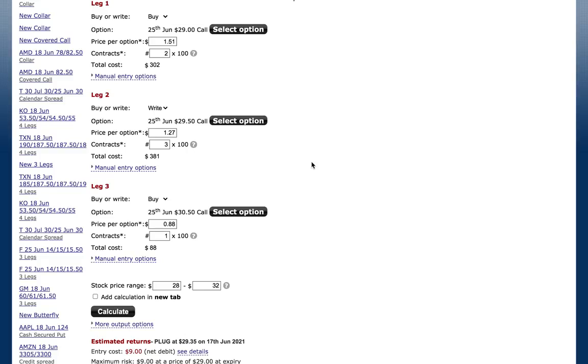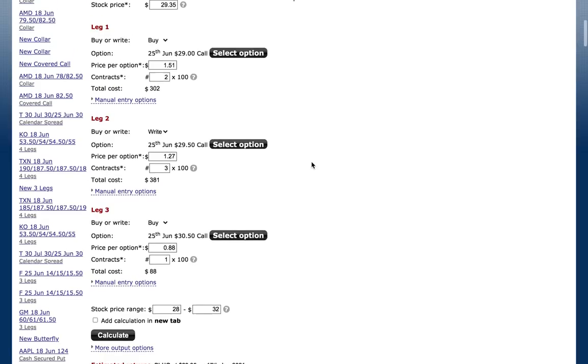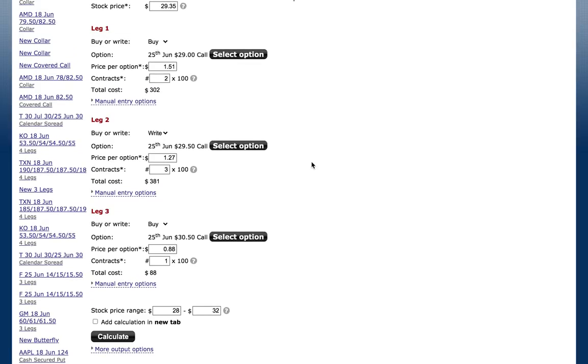The other thing, of course, is the risk of early assignment. We are selling 3 call options here. Anytime you sell an option, there is risk of assignment. Being assigned early before the expiration date is rare, but it does happen. And it's generally going to be more related to dividends. So if you're doing this on a stock that gives dividends, you should check for the ex-dividend date.